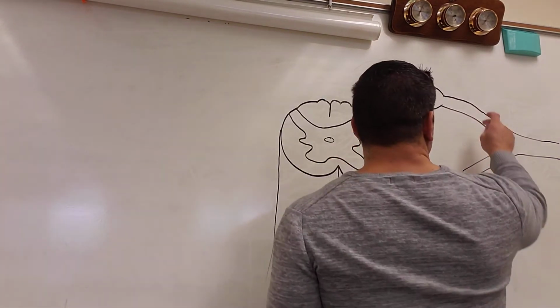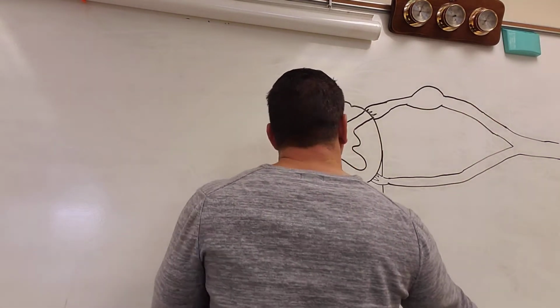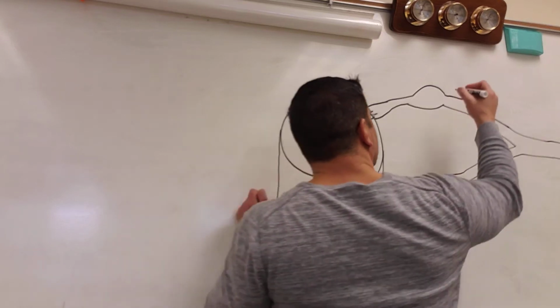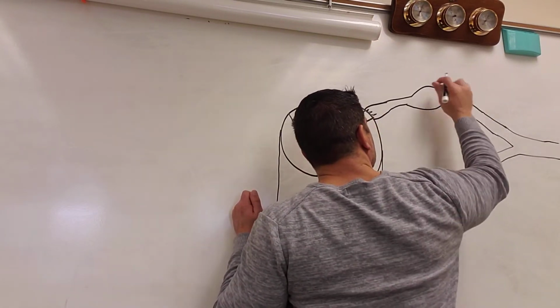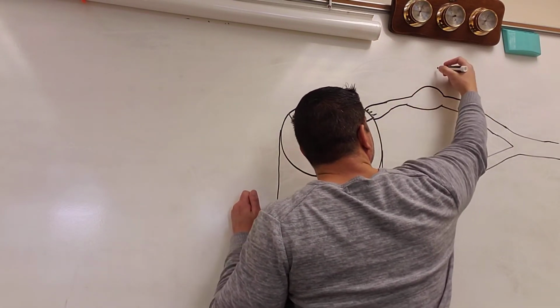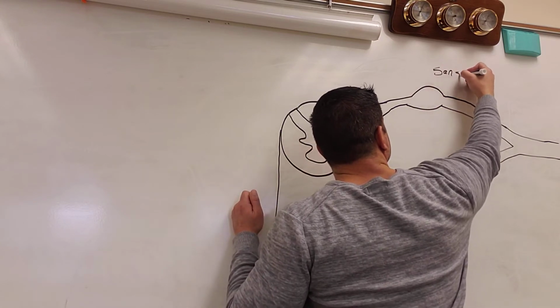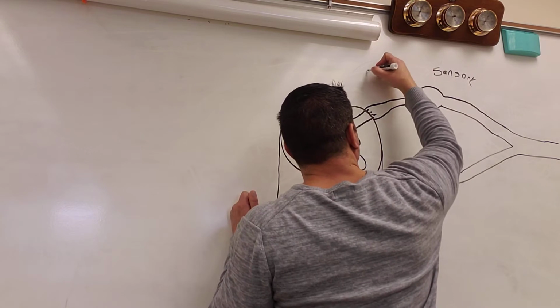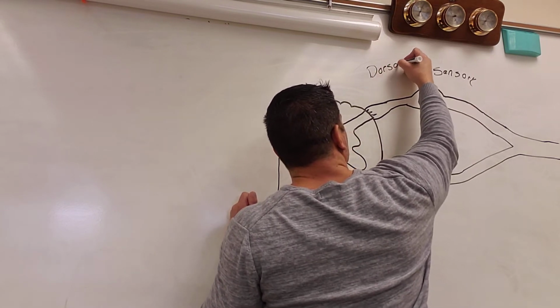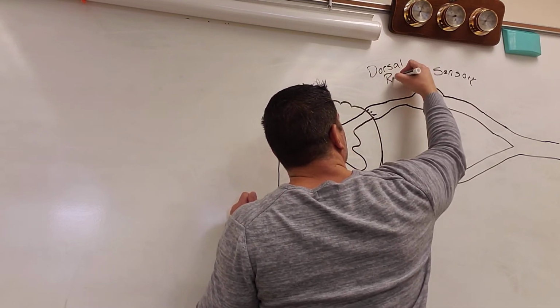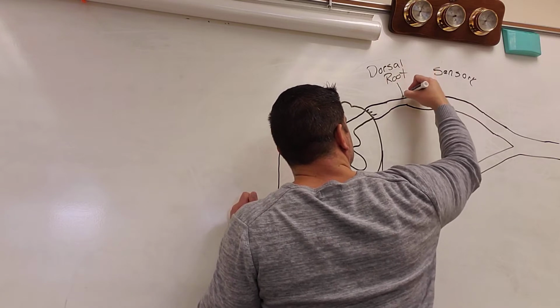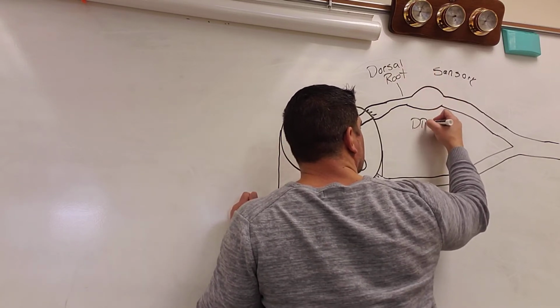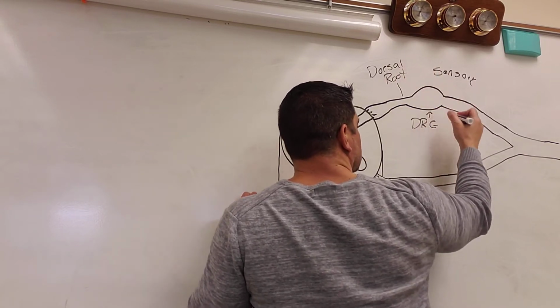So this is the dorsal nerve, the dorsal root ganglion, dorsal rootlets. So this is sensory. Okay, this is sensory. This is the dorsal side. So it's a dorsal root ganglion, dorsal root.